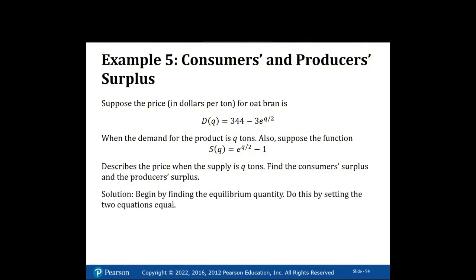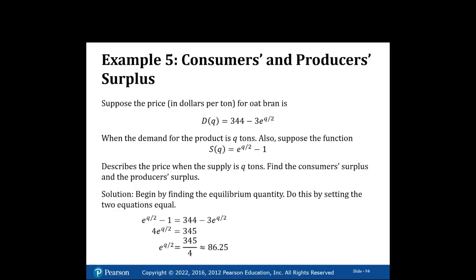So the first thing we have to do is find our equilibrium quantity, our Q0 and our P0. We do this by setting the two equations equal. I'm going to take my demand function, my price function, and set it equal to my supply function. So when we do that, we get 4e to the q over 2 is 345.